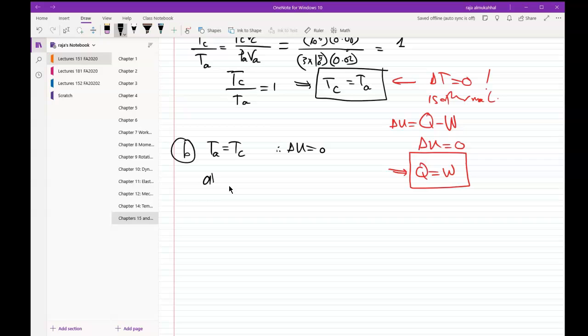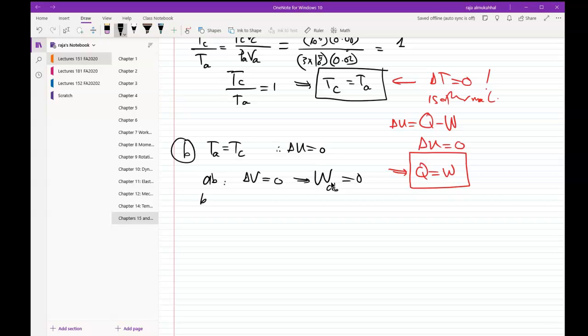So for AB, delta V equals 0, which means the work AB equals 0. Why? It's isovolumetric, correct? Okay.